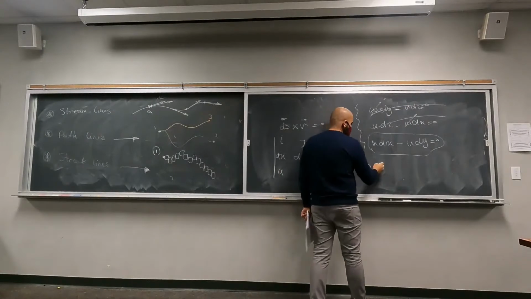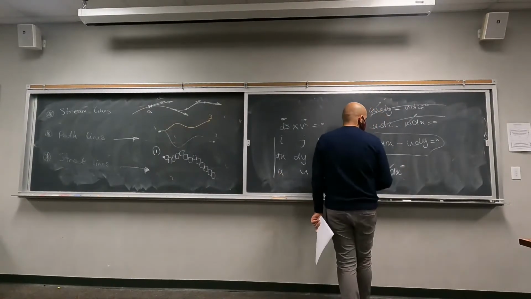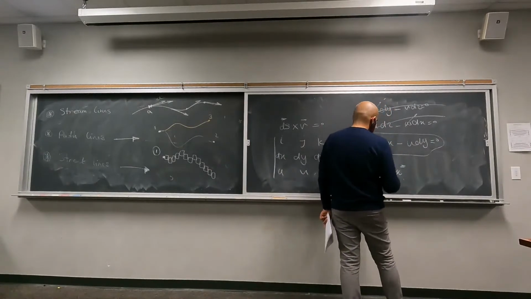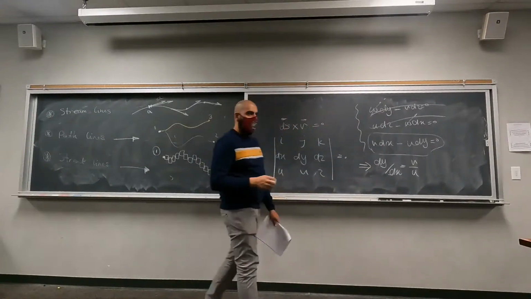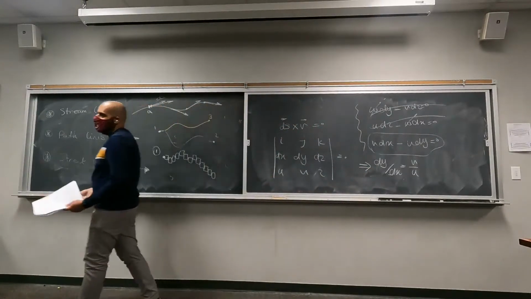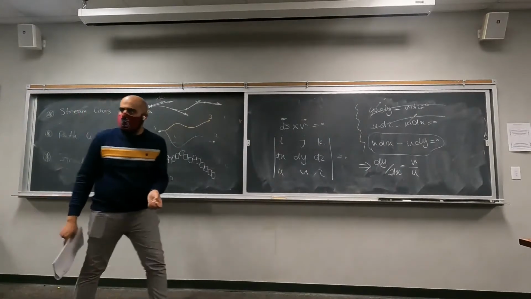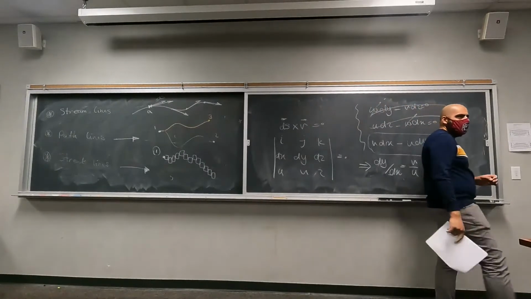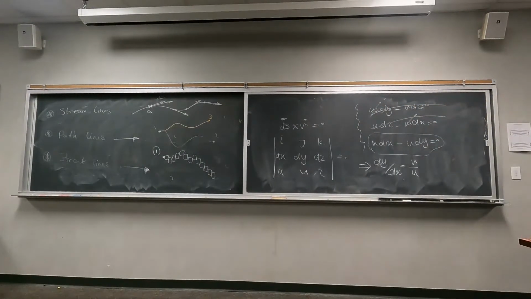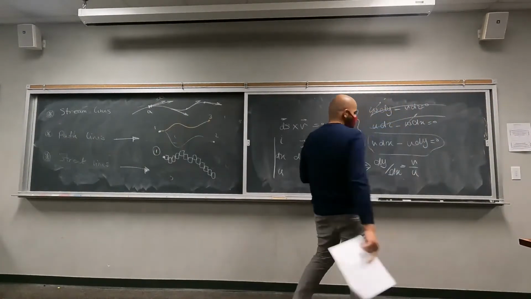If you rearrange this, you're going to get dy over dx equals v divided by u. Okay, what does this mean? This essentially means that we can find the slope of a streamline by having the velocity component at each point, which means that you can find the equation of that line by having this velocity component.